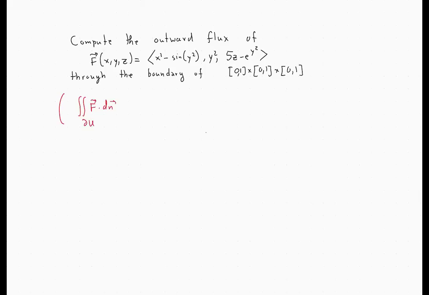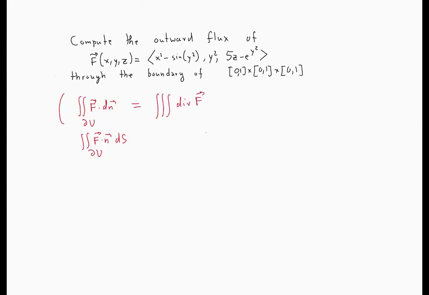The notation that your book has is actually the double integral of F dot n dS. But in any case, no matter how you look at it, this integral will be just the triple integral of the divergence of F in the interior of that domain.